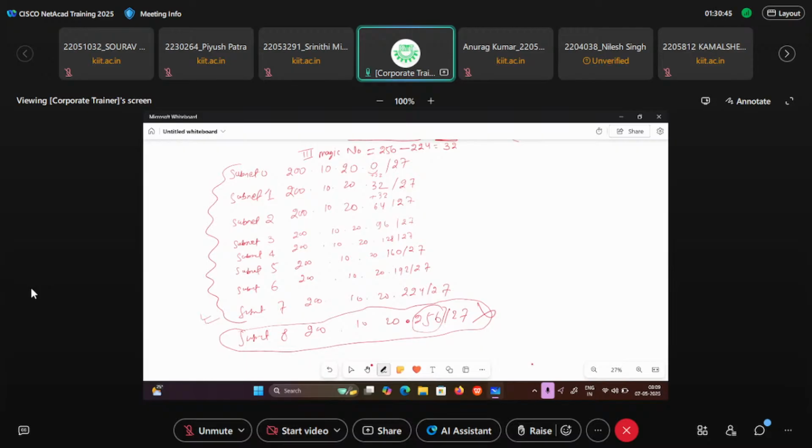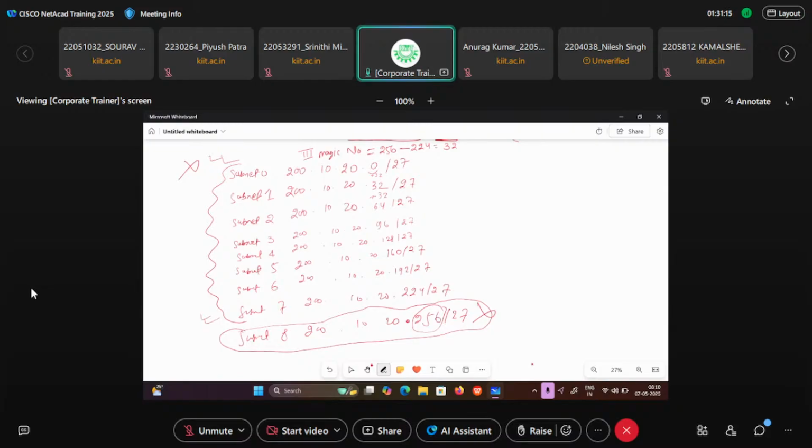Just think of it. Because the requirement was 5, how many subnetted networks have you created? 8. Anyhow, we have reduced that wastage. We have minimized that, right? Generally, subnet 0 we don't assign to any of the networks. So forget about subnet 0 also. You only have subnet 1 to subnet 7, so in total it becomes 7 subnetted networks.